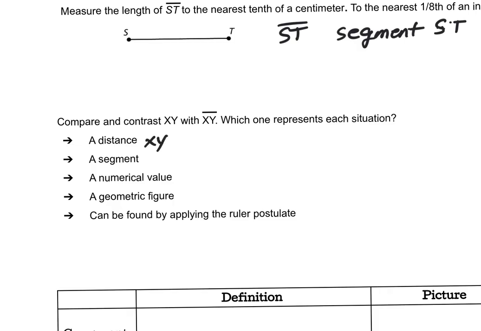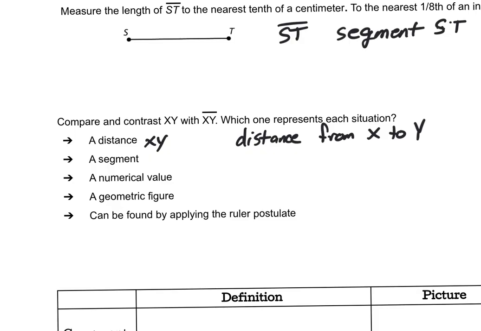If I see XY with no symbol above it, that means the distance from X to Y. How far would it be from this point to this point?